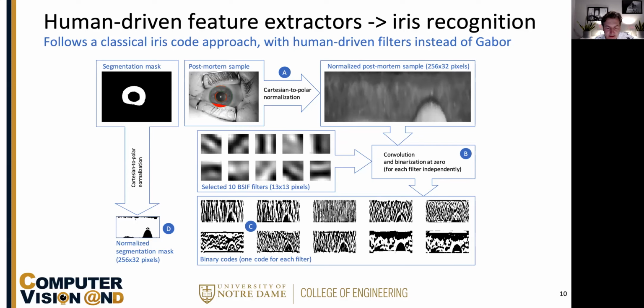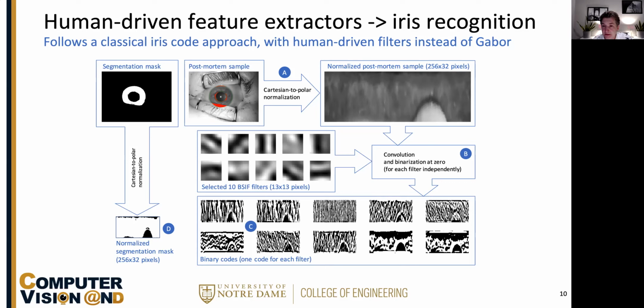And just to remind everyone how that works very quickly, we have the iris image in this slide. Step A takes the iris image. We have the post-mortem sample here because that work was done specifically for post-mortem iris recognition.